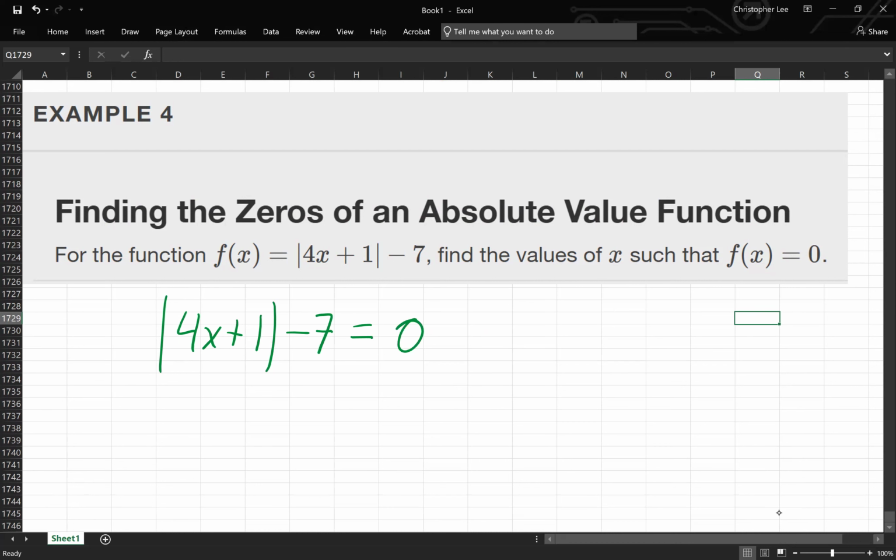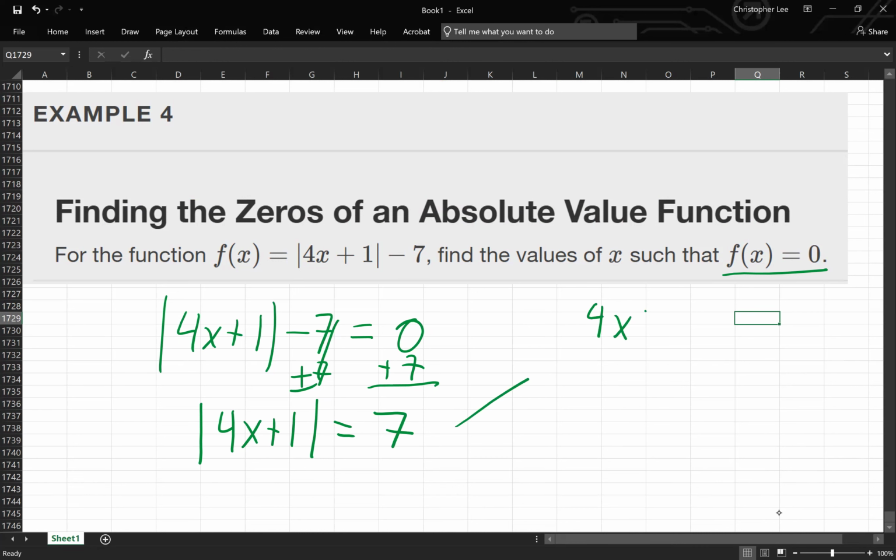Set that equal to 0, because that's f of x equal to 0. Add 7 to both sides. So now I have the absolute value of 4x plus 1 is equal to positive 7. I'm going to have two situations. One situation is 4x plus 1 equals 7, and another is 4x plus 1 equals negative 7. And then you just solve for x.